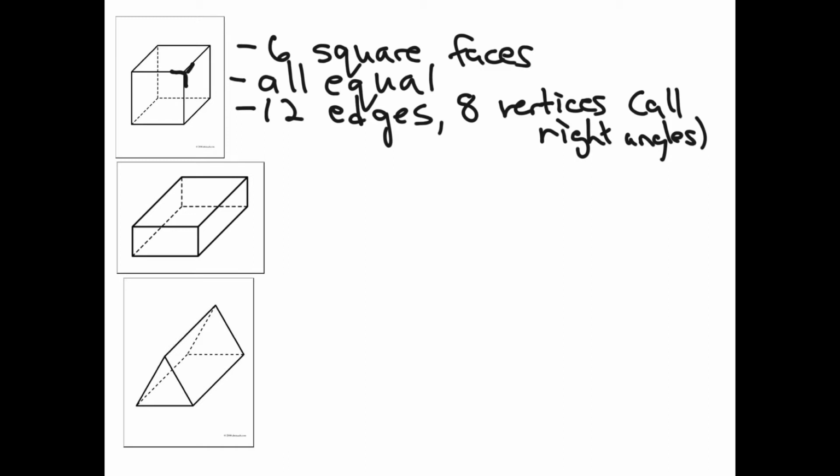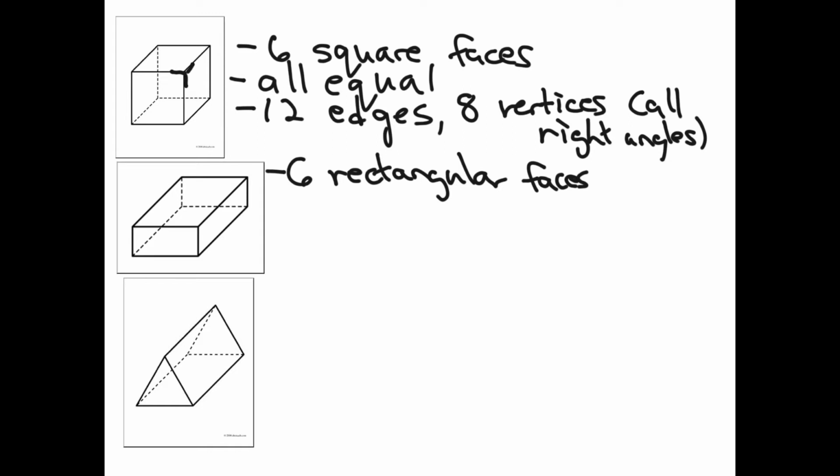And our next type of prism is a rectangular prism. This is similar to a cube, but not all of the faces are equal. Only the opposite faces are equal and parallel. But there are 6 faces, so 6 rectangular faces.